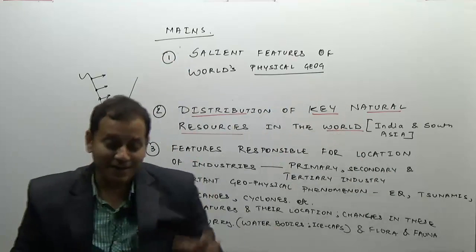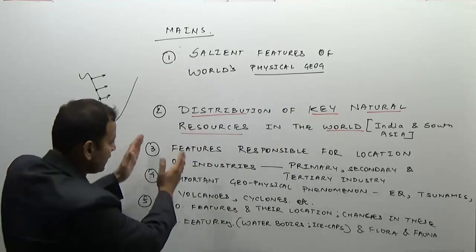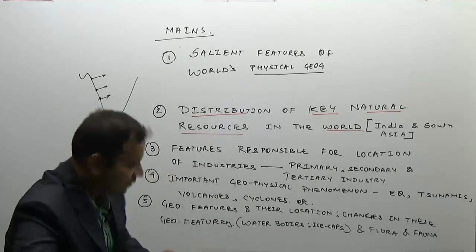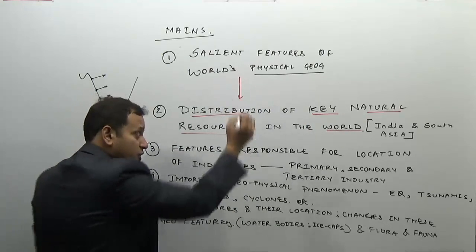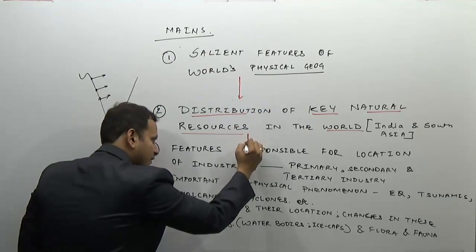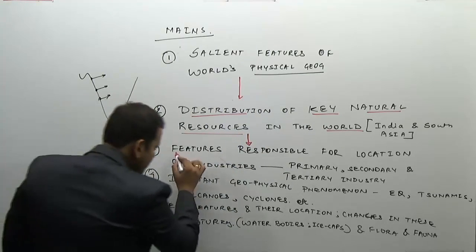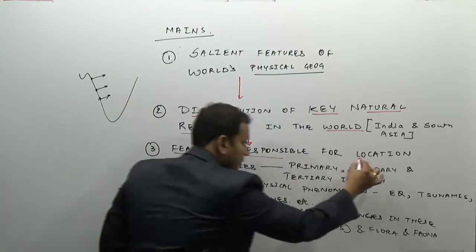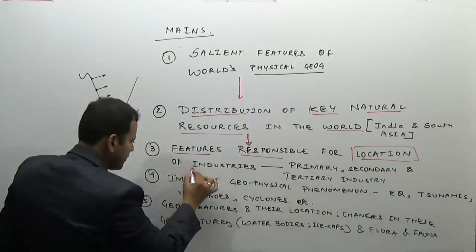And wherever the area is rich in natural resources, obviously it will affect the location of industries. So one topic, then second, distribution of key natural resources, and third, after understanding the distribution of natural resources, the features responsible for the industrial location of any kind of industry.